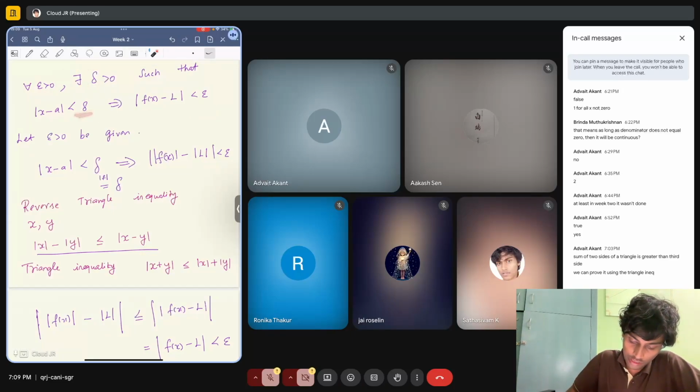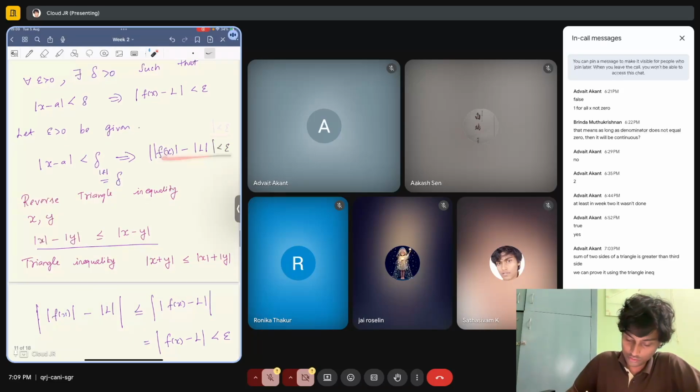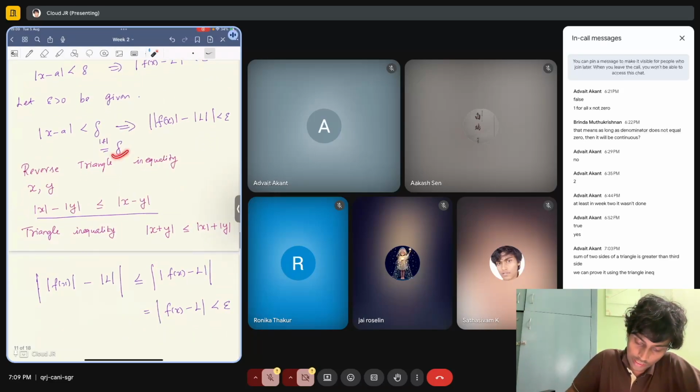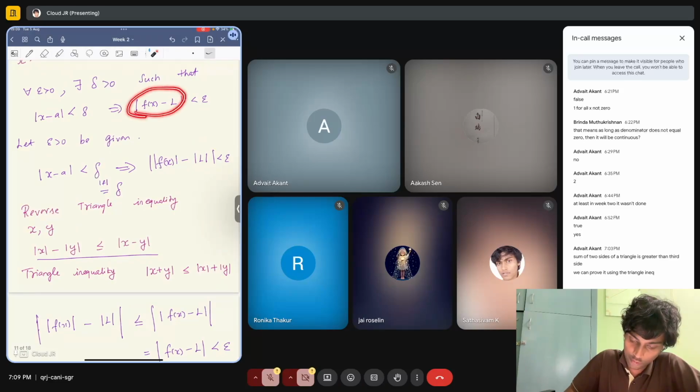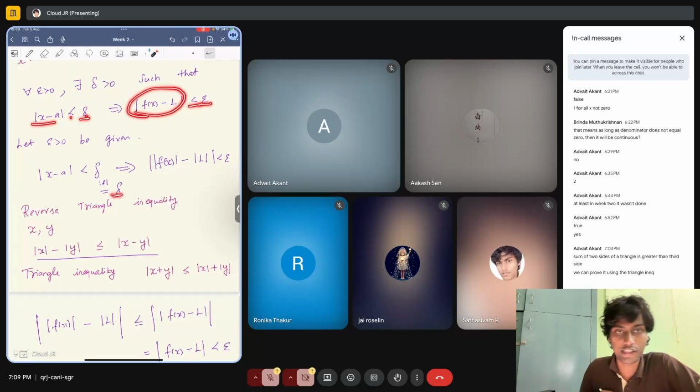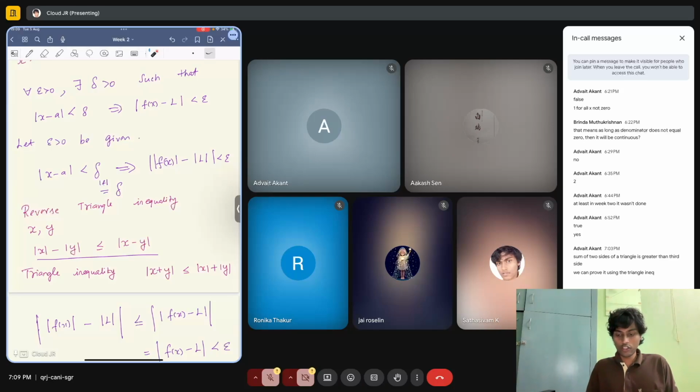Even if you choose the same delta, it works here, because let's say you choose the delta for mod f as just the delta, and if you look at this term, by applying the reverse triangle inequality, it's less than or equal to this term, but this term is less than or equal to epsilon, provided your x minus a is less than or equal to delta. Okay, and we have chosen exactly that delta.